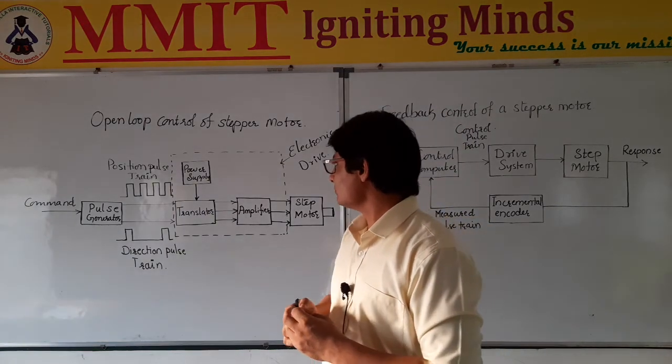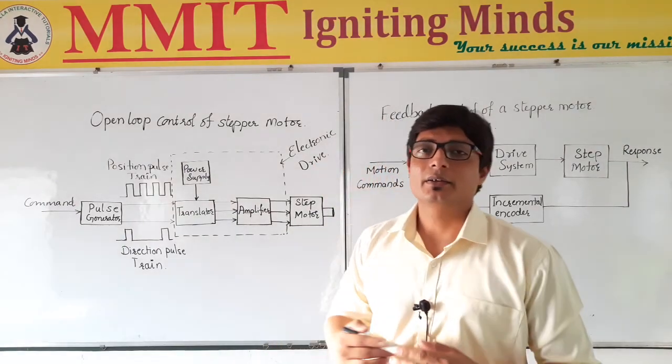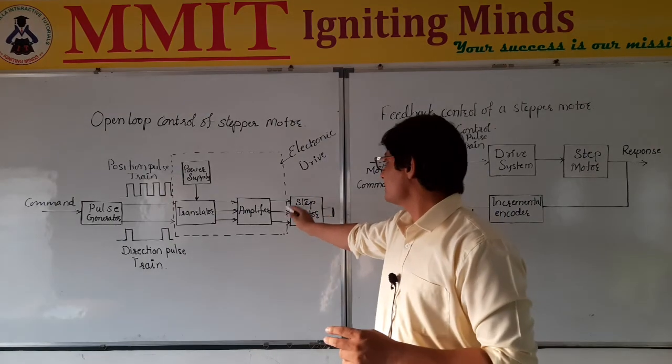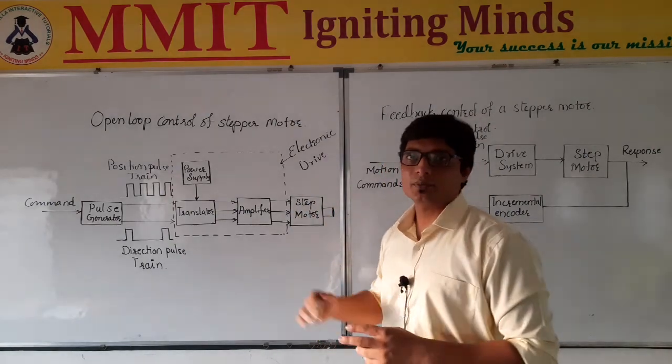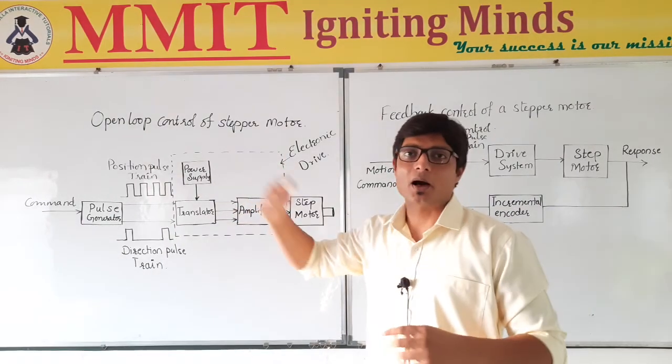The amplifier amplifies the signal and gives the driving current to the stator winding of the step motor. Finally the step motor rotates according to the number of steps decided by the command.